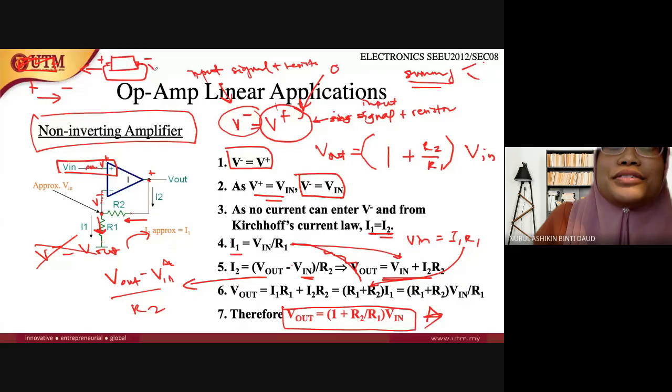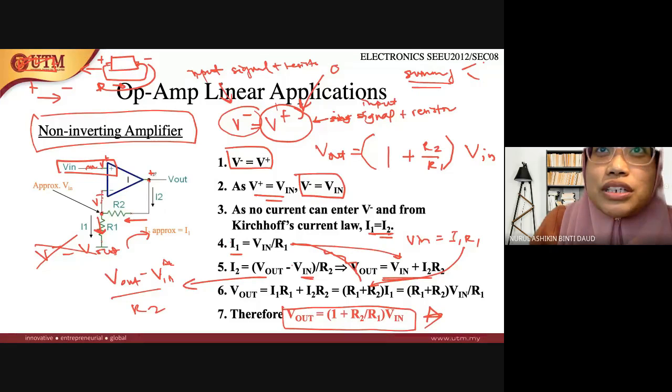Negative to positive, so it is always the opposite way. So here, V out is actually positive in terms of voltage, and here is negative. Understand?